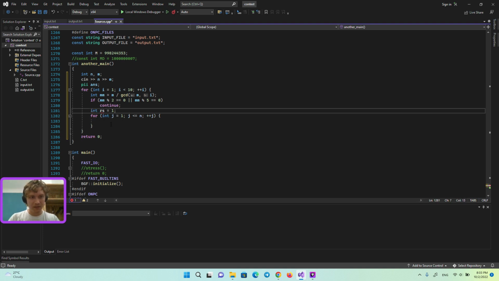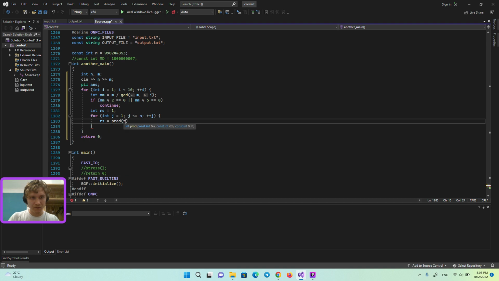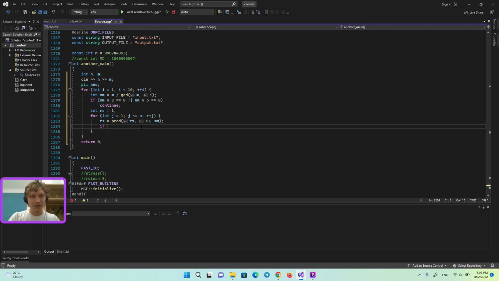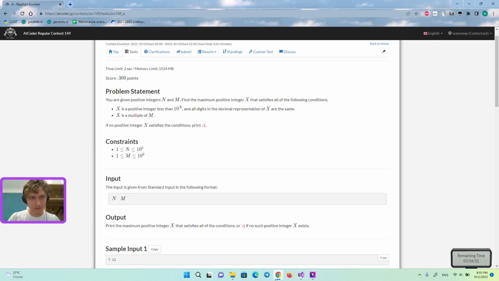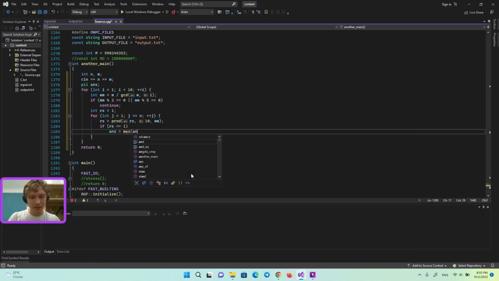So I say that Rs is product of Rs and 10 modular m, not m capital but small m, and even this m. And if Rs equals 1, then answer is maximum of answer and pair of j and i.